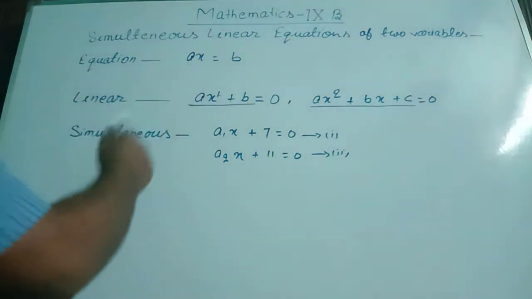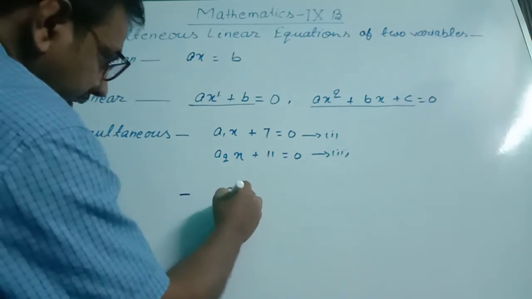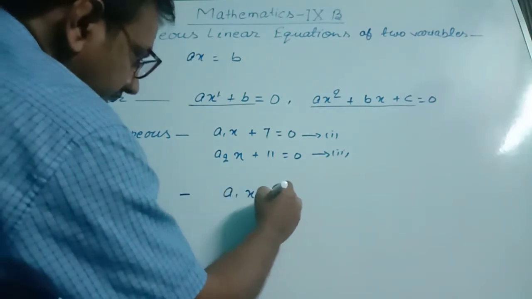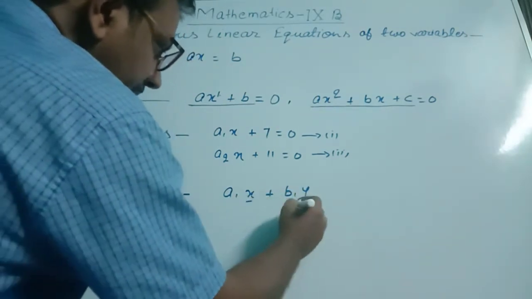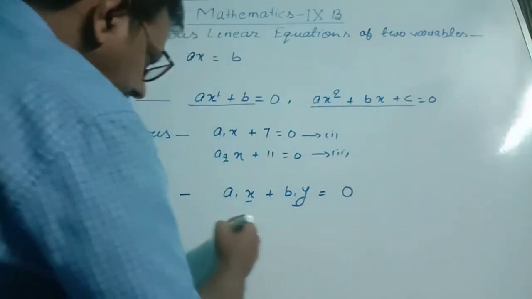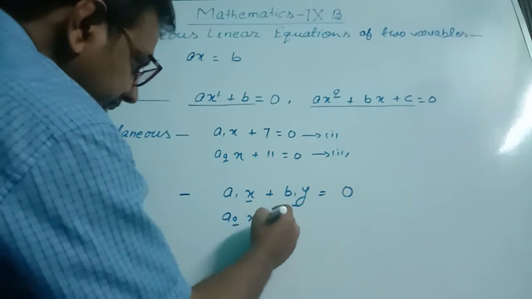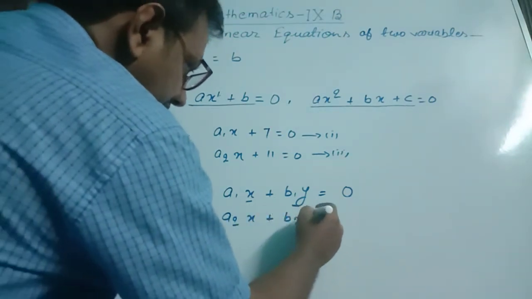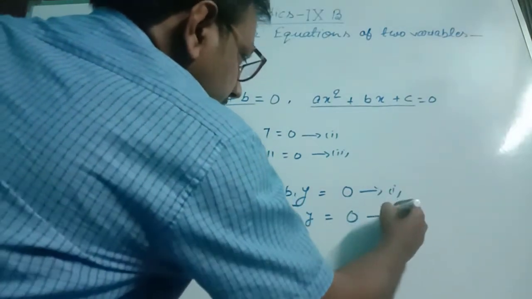If we use two variables, such as a1x plus b1y, here we are seeing there are two variables, and if it is equal to some constant term, maybe 0. And one more equation, if we take a2x plus b2y equal to 0, here are also two equations.